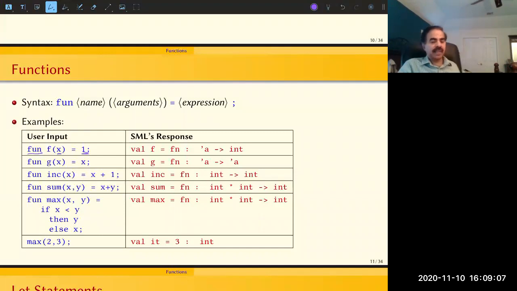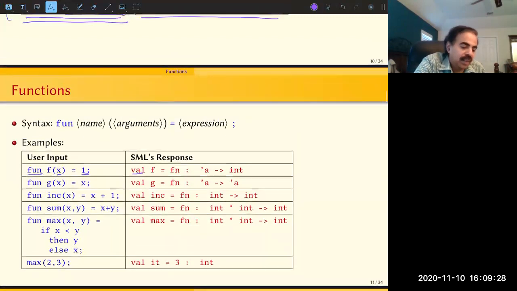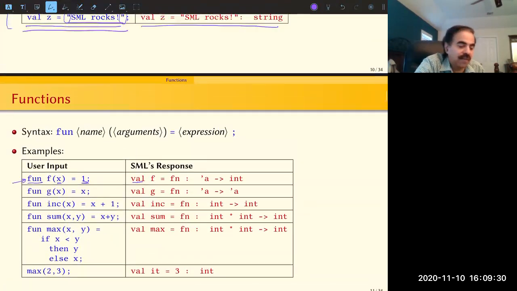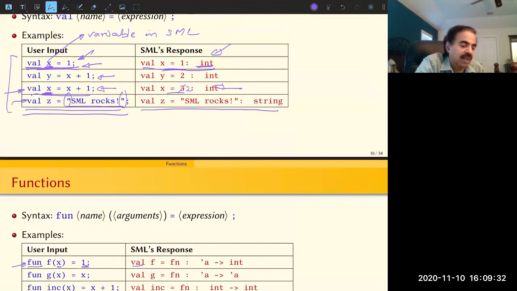Okay, and it's going to tell you, hey, this is... so for SML, for standard ML, it doesn't internally make a distinction between values like integers and functions. So it thinks of all of them as values. But when we write the code, we say fun when we are defining functions and val when we are defining values.